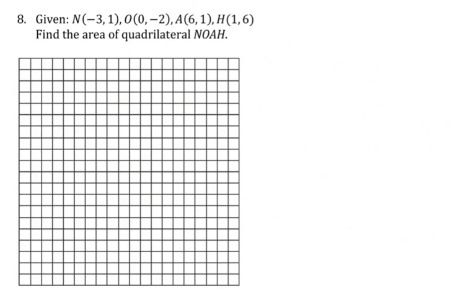All right, let's look at number 8. Now we are doing exactly the same thing, but we have to get the area of the quadrilateral. So idea is exactly the same as before. So here, negative 3 comma 1.